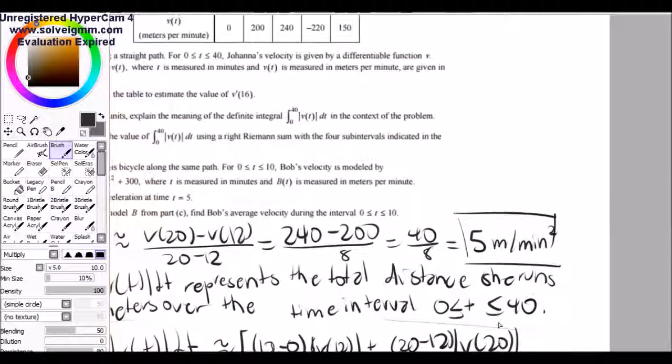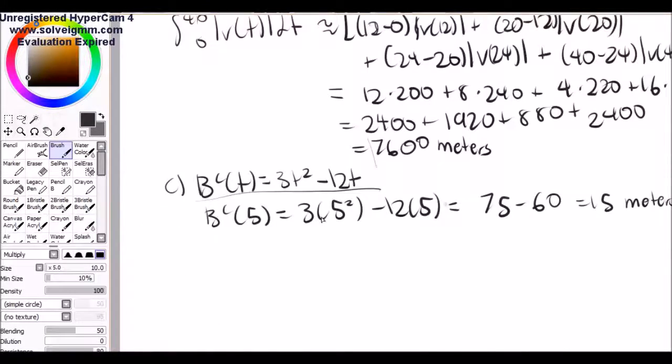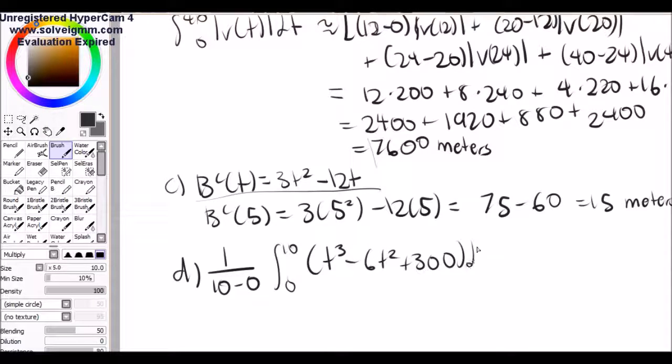The final part is asking us to use the function given in part C to find Bob's average velocity during the interval t greater than or equal to 0 but less than or equal to 10. Average velocity is represented by 1 over (10 minus 0) times the integral from 0 to 10 of b(t), which is t cubed minus 6t squared plus 300, dt.